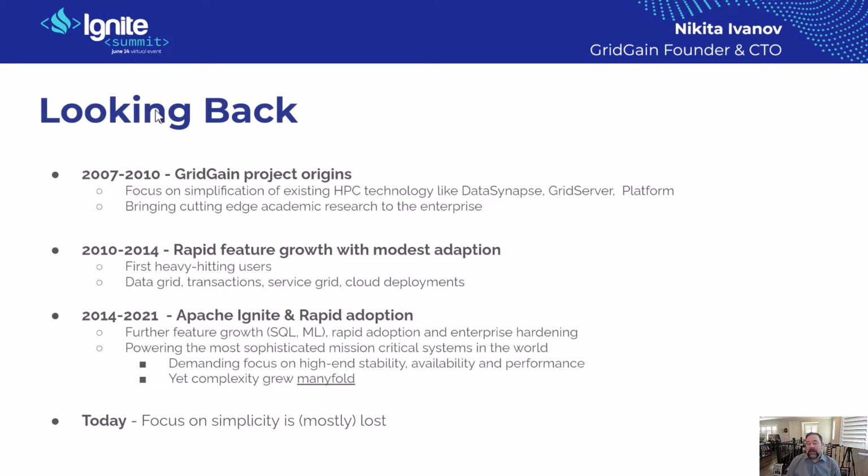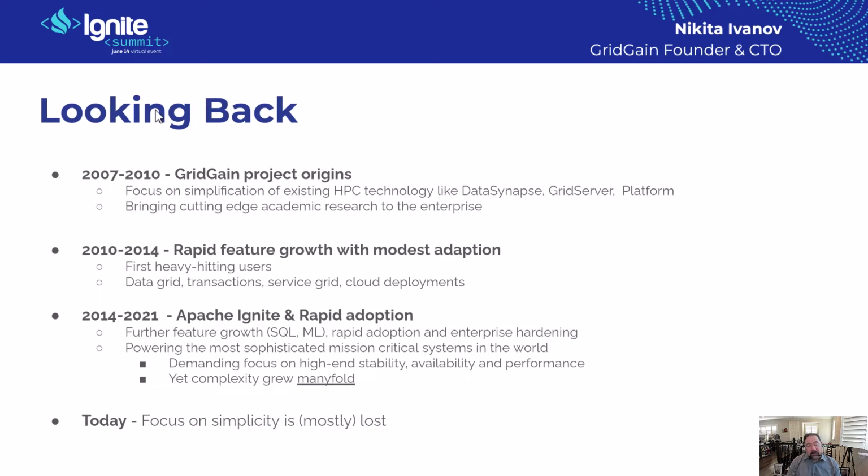Some of you will remember that back in those days, the Java ecosystem had what's called Enterprise Java Beans. And just around the same time, the Spring project came along and dramatically simplified the usage of Java within the enterprise. And my idea, frankly, was to do exactly the same thing for high performance computing. I was pretty versed in existing high performance computing technologies, and they had this tinge of you've got to have a PhD to use something like this, and that really bothered me because fundamentally the ideas behind HPC were fairly simple.